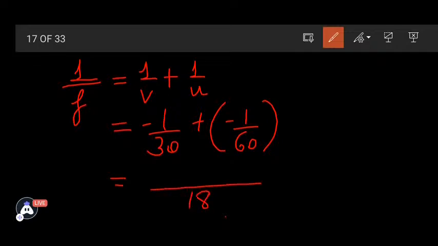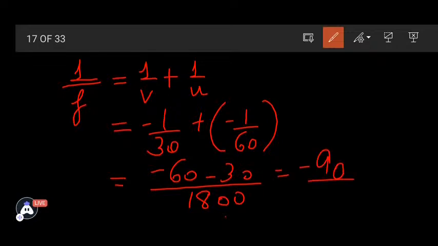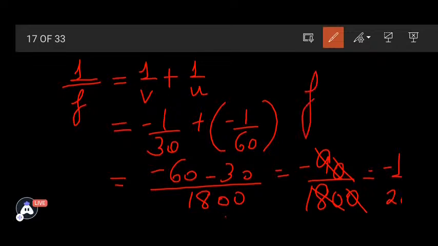That would be the perfect one. And then it's coming minus 90 upon 1800. After reducing, I got minus 1 upon 20. So what is the focal length? The focal length turned out to be minus 20 centimeter.